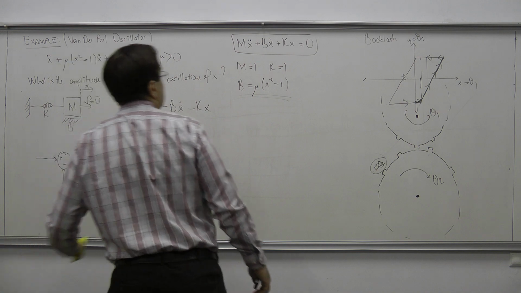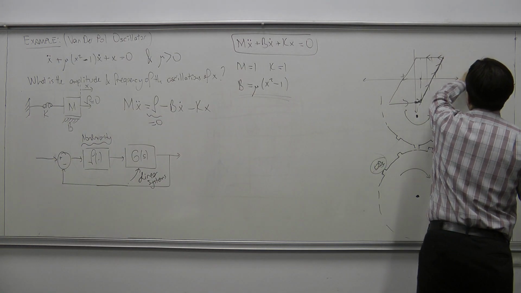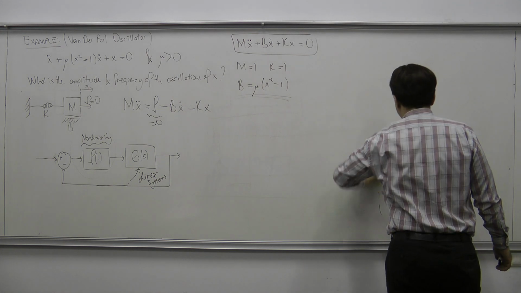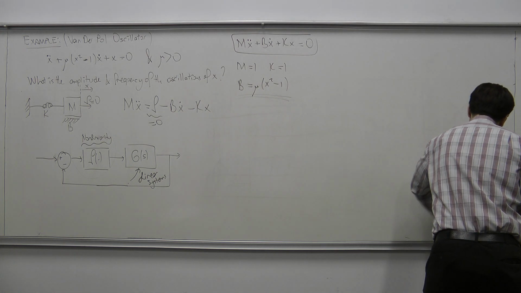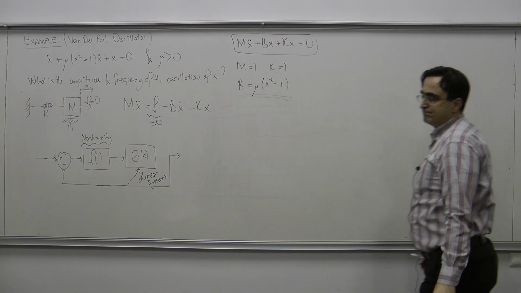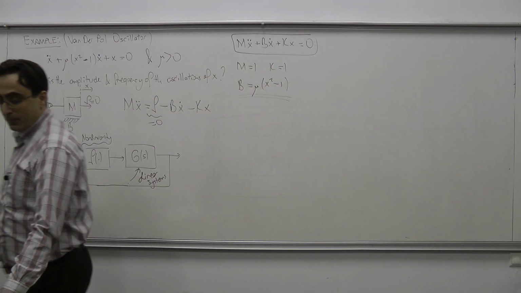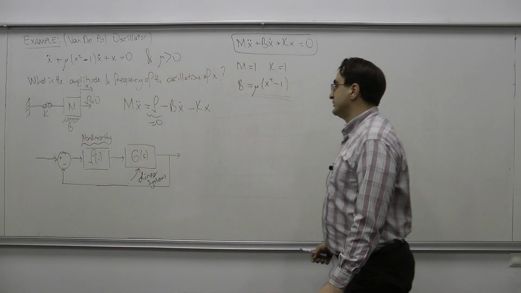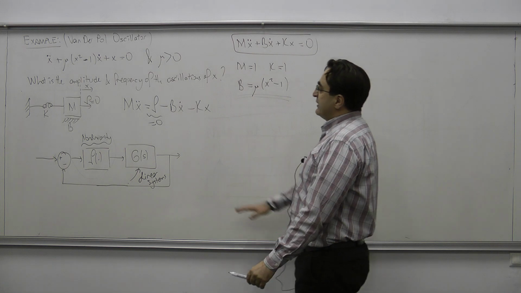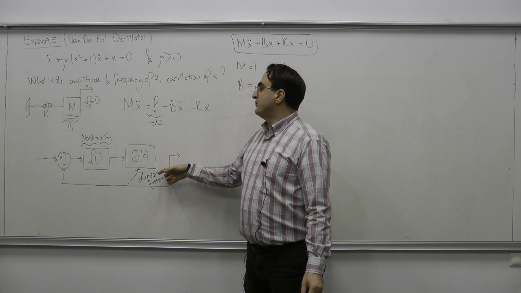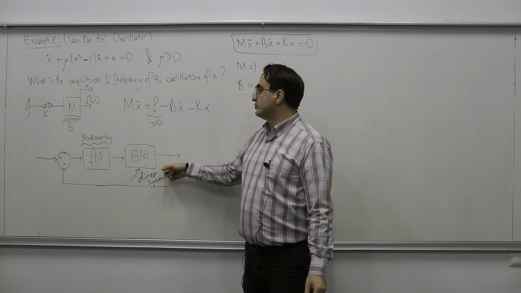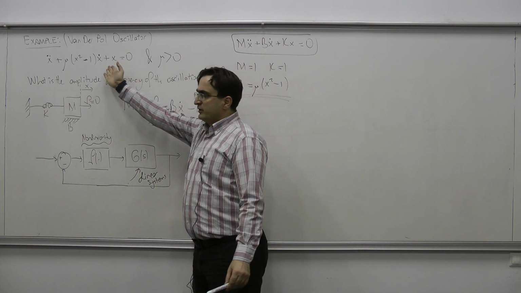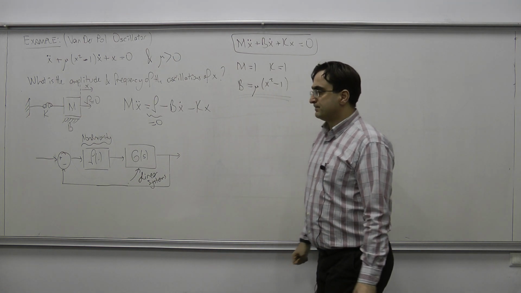And here what we have to do is to find the approximate amplitude and the approximate frequency of those oscillations. And for that, we are going to apply the so-called describing function analysis. But you see here that I've told you that describing function analysis would always use a block diagram of this form. But now we are given only the differential equation like this.